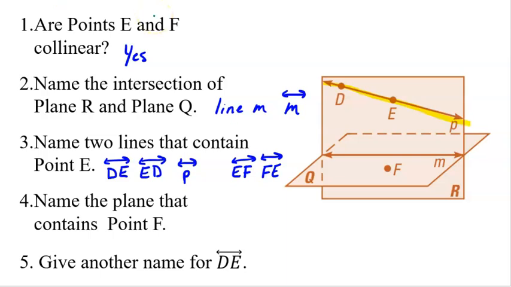So when they have points here like this, they're not going to have it as if F is behind plane Q. Notice that this part of the plane Q, we can't see because we have this dotted piece here.